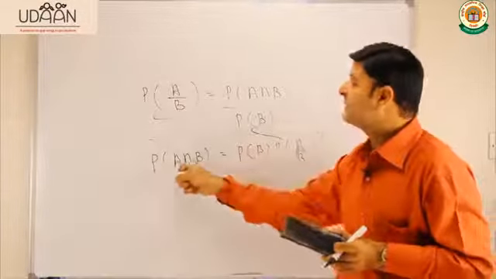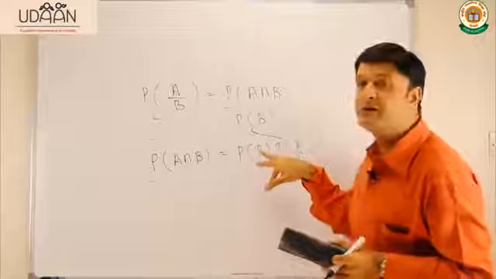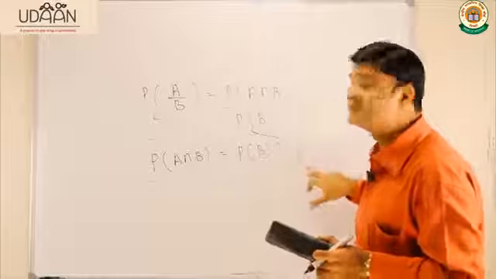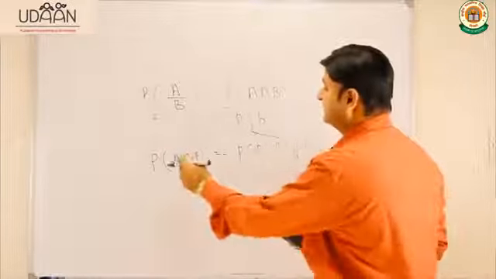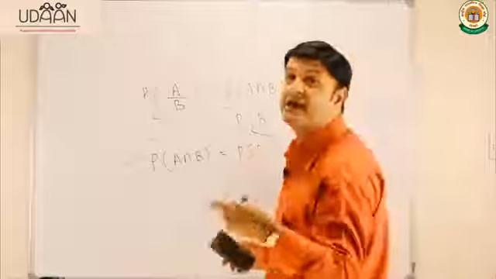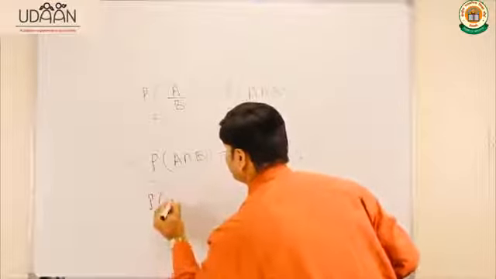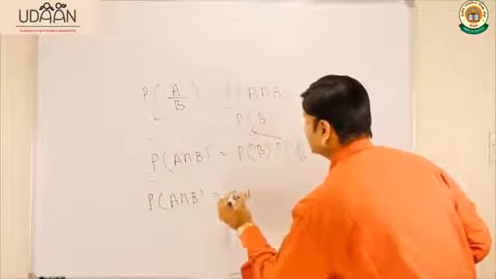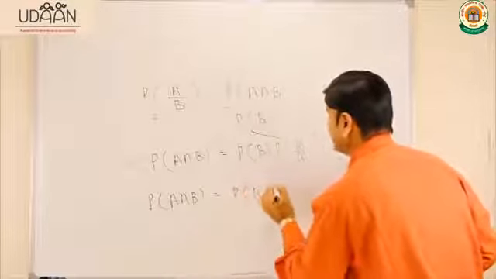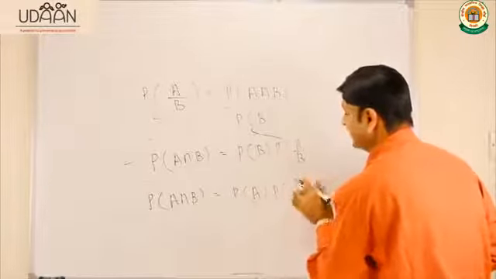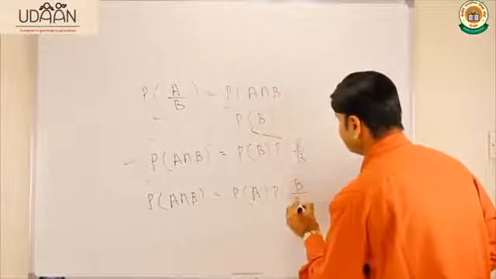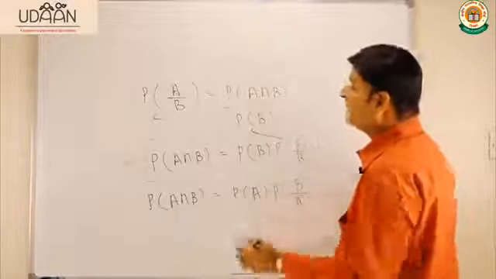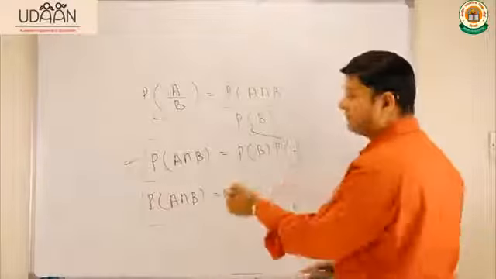So P of A intersection B is equal to the probability of the first event into the probability of the second when the first has occurred already. If event A occurs first, it doesn't make much difference, only your symbols will change. Then in a similar way it is equal to P of A into P of B upon A, the second event when the first event has occurred already. So we are now working on this formula.